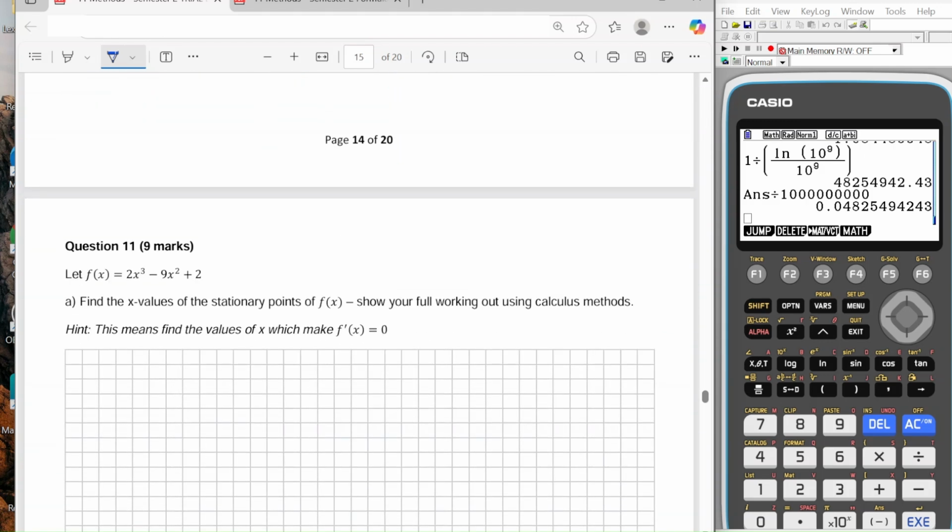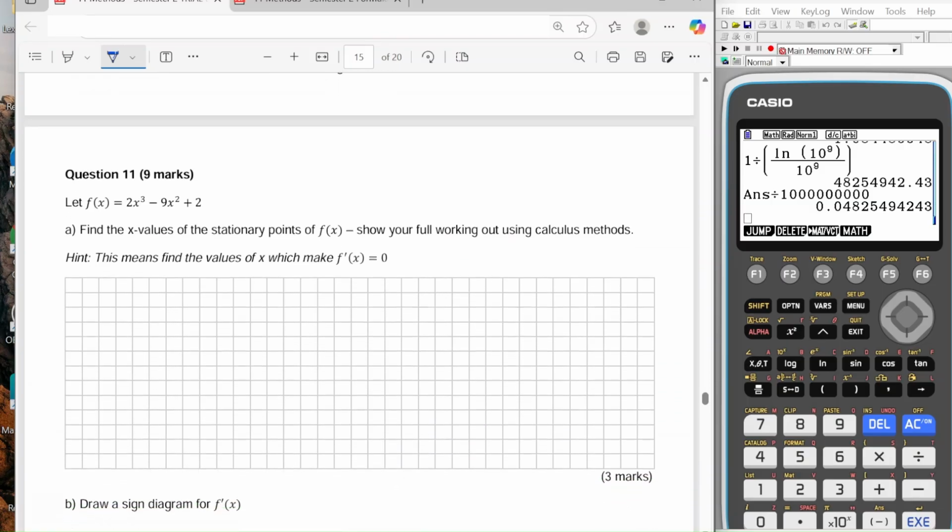Okay, find the stationary points using calculus methods. So f dash of x is 6x squared take 18x, that's the derivative. And we want 0 equals f dash of x. So 0 is that. Generally, when you're trying to solve things equaling 0, you factorize it.